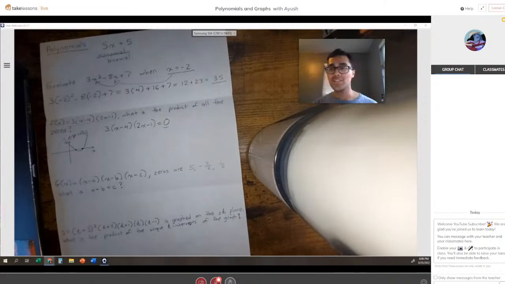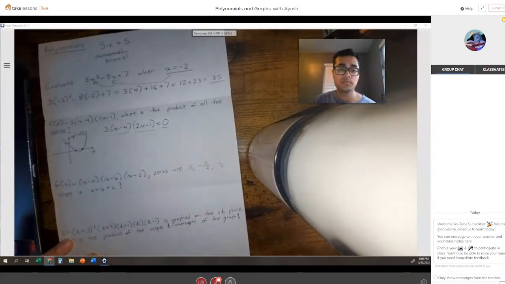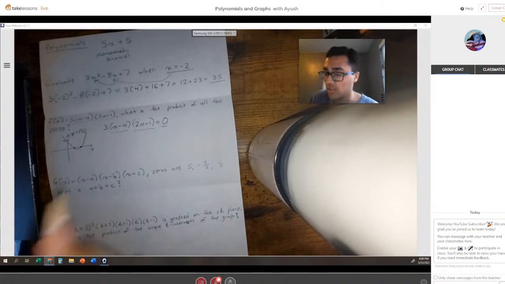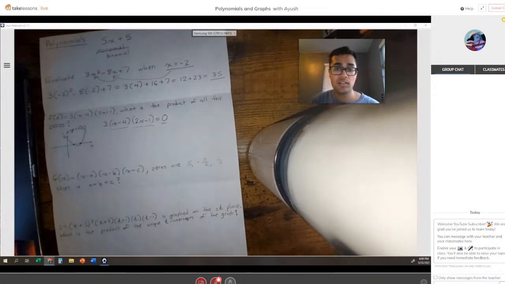Now, 0 has a very special property in math. Anything times 0 is what? It's 0. And so using that property, we know that any of these terms could be 0. We have the 3 term here, and we already know off the bat that that one can't be 0. It's 3, because there's no variable there.